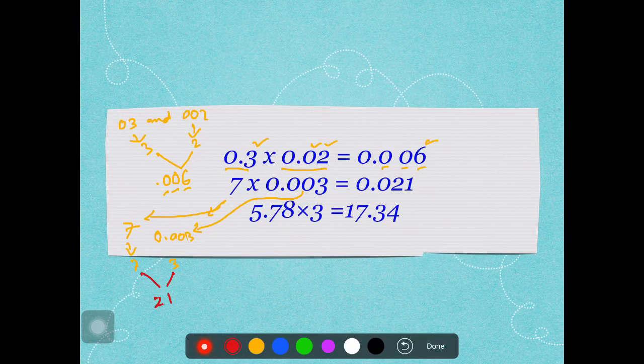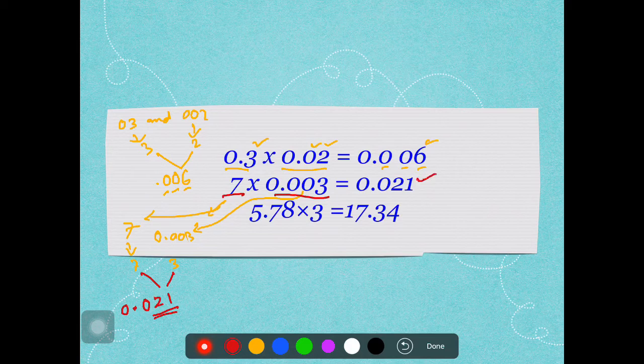Now count the decimal places. Here we have no decimal places, and here we have 1, 2, 3 decimals. So 0 plus 3 is 3, and in the answer we shall have 3 decimal places. But here we have only 2 places. How to make it 3? So we shall put a 0 towards the left and put the decimal. Okay, 1, 2, 3. So it is 0.021.